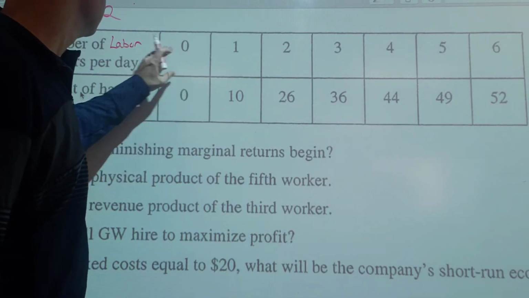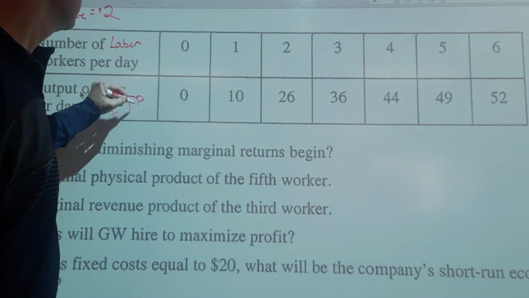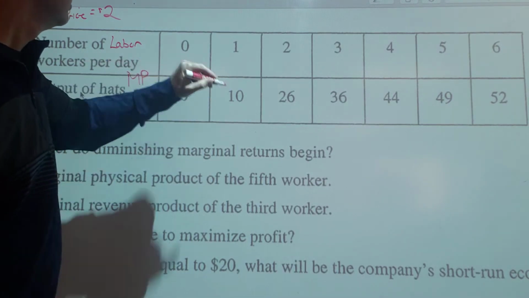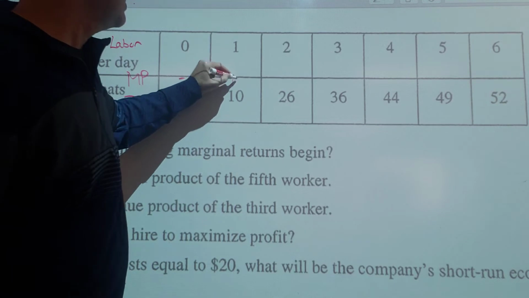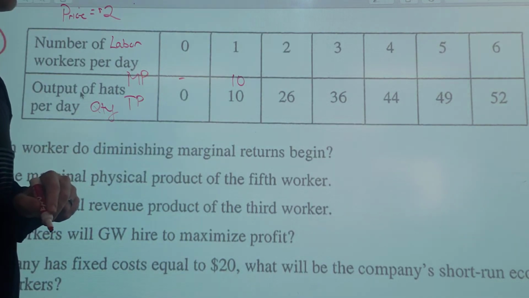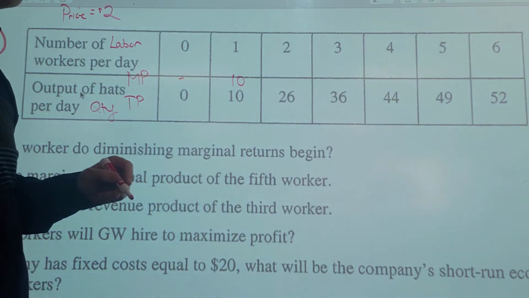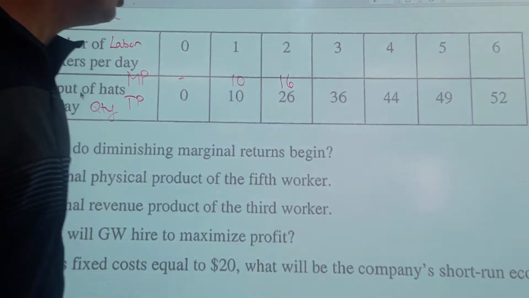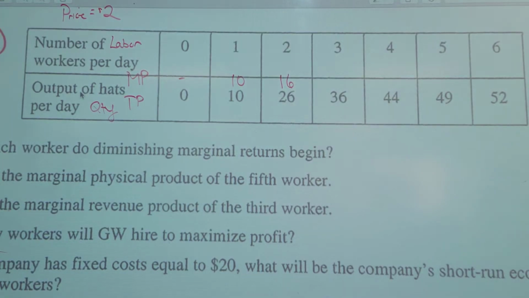So I'm going to go ahead, this is total product right here, right? So let's go ahead and do marginal product right here. First worker gives me 10 hats for a marginal product of 10. The second worker contributes 16 hats, 26 hats total, 16 new hats, 26 minus 10 is 16.